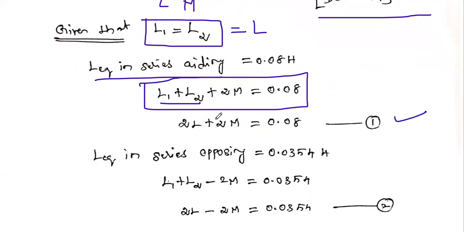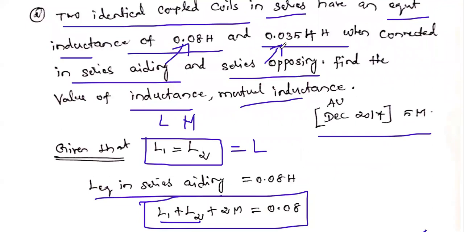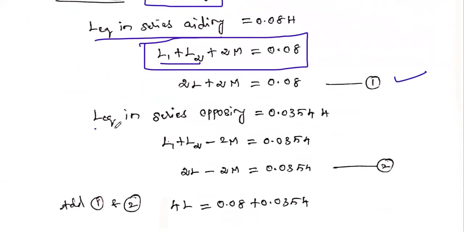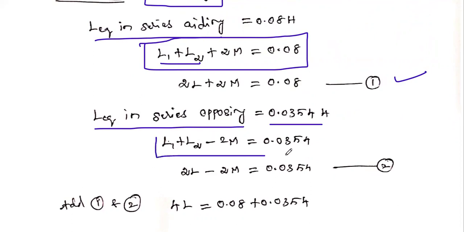Similarly, what is the other data given? If the two coils are connected in series opposing, the L equivalent is 0.0354 Henry. What is the formula for series opposing? L1 plus L2 minus 2M.